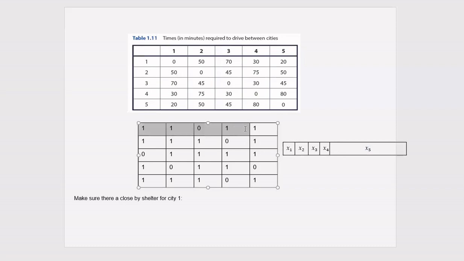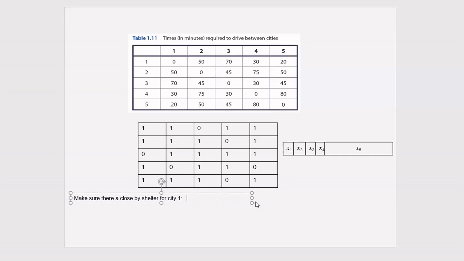If you multiply each row by these variables and make sure that the sum is greater than or equal to 1, that gives you the constraint.